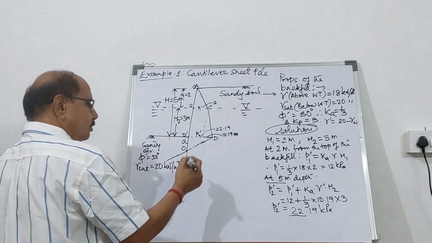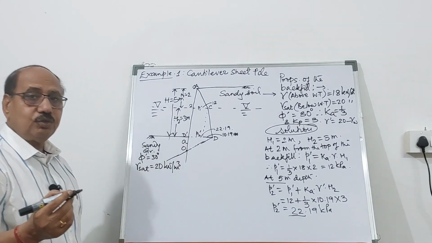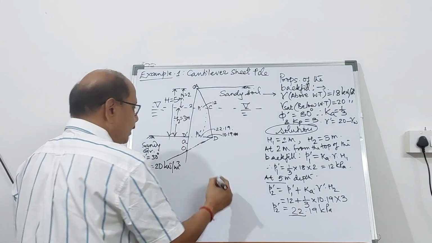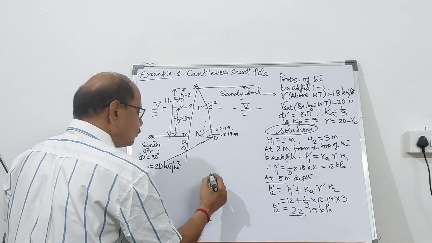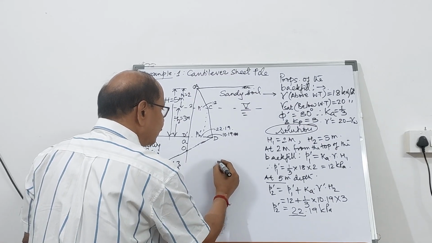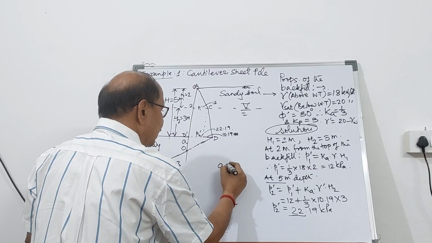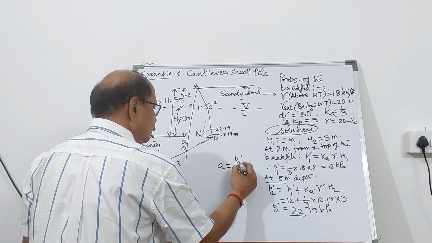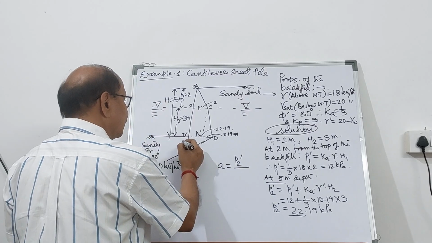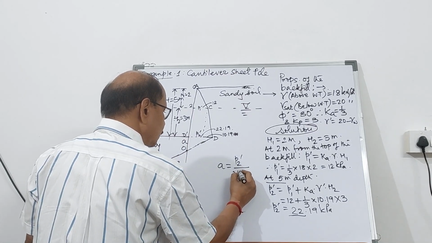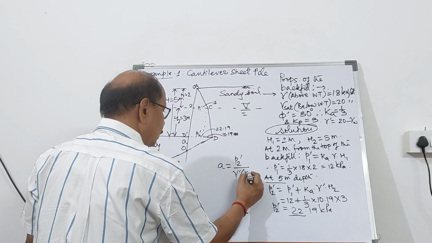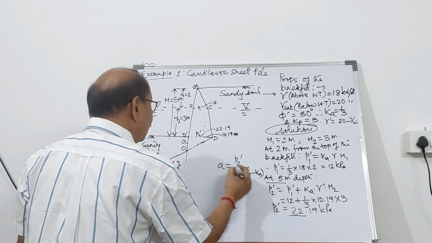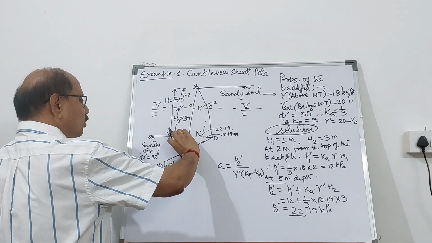So you have seen when I was explaining the theory how to find out this a. The distance a will be equal to P2 prime divided by gamma prime into Kp minus K, because it is going to be a mixed one.